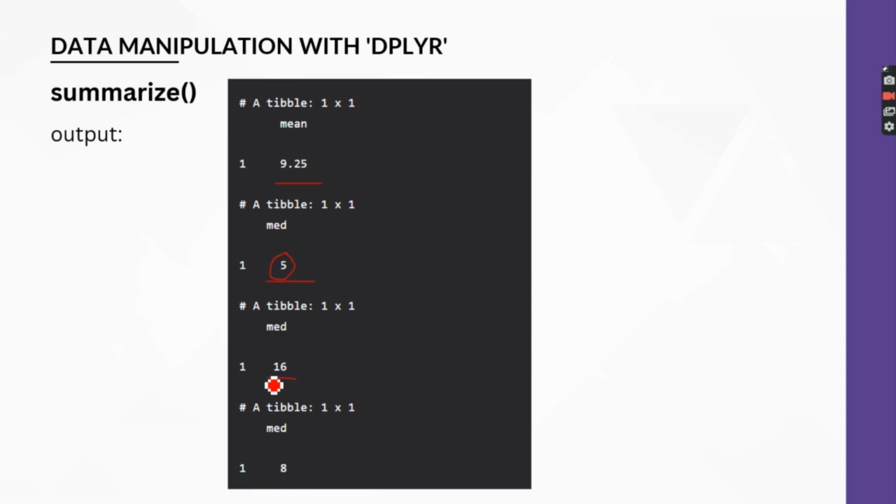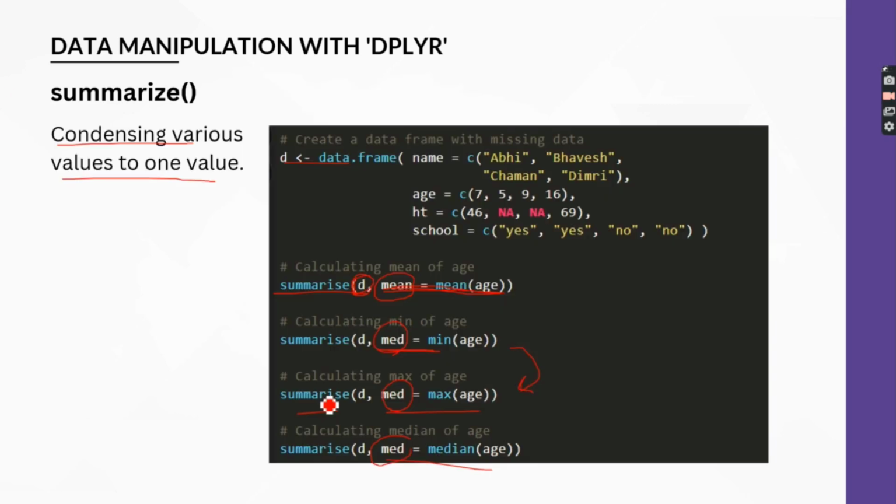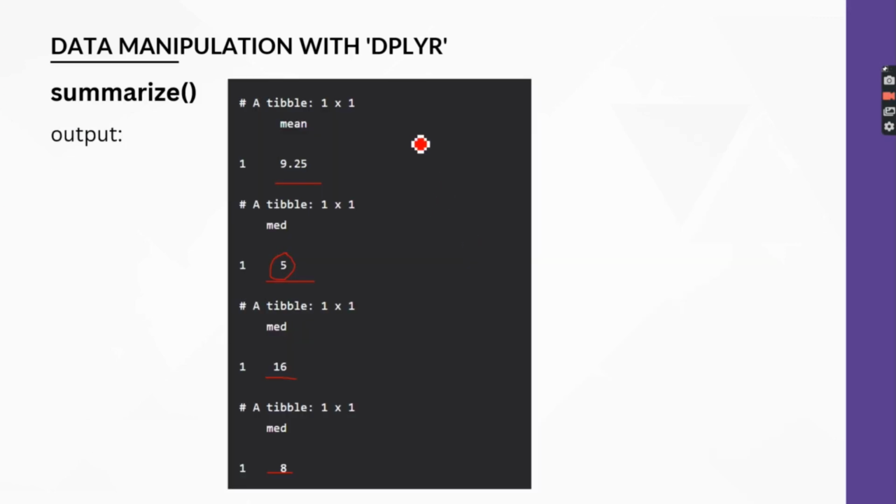Then, as I said, the highest age, that is of Dimri, 16, and then a median age of 8, that is of no one's. So this is how you get a summarized value, that is a summary. You don't want to print a table, you want a summary. That's what you're getting here.